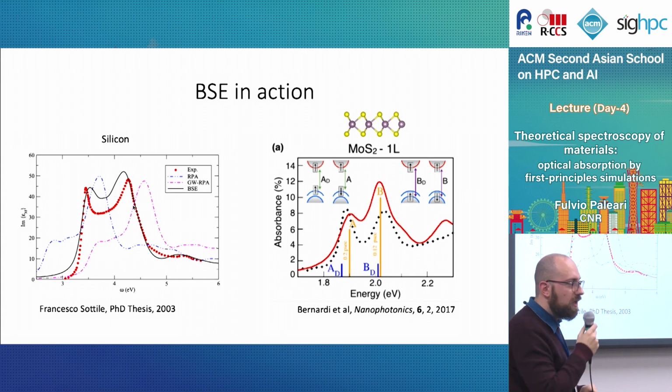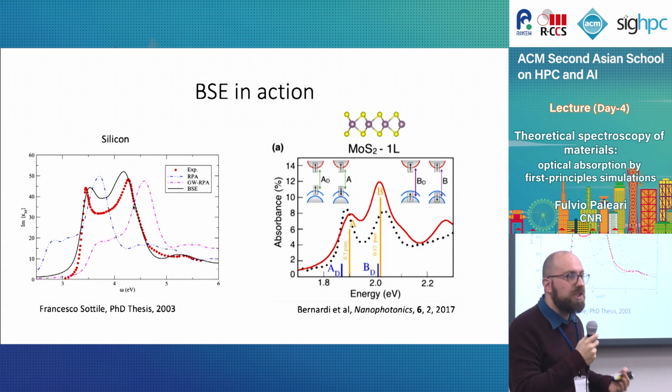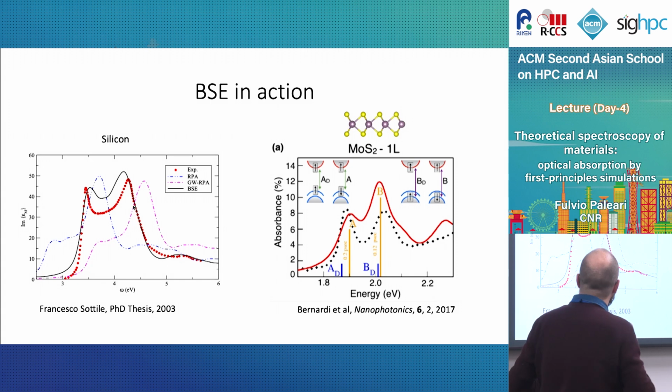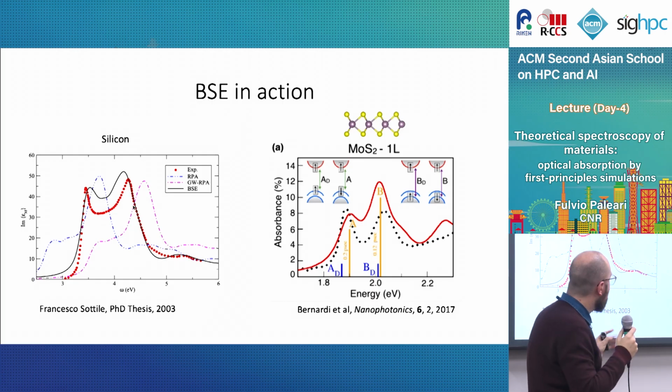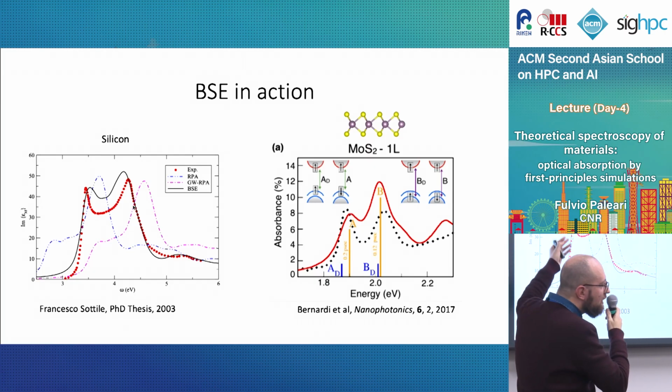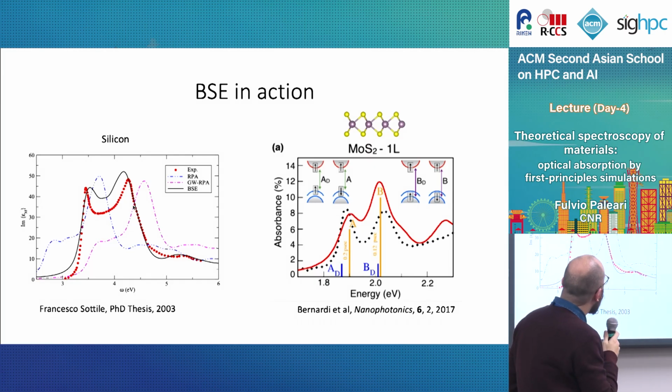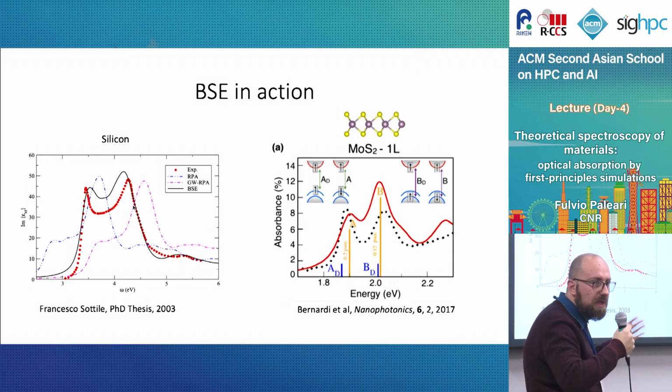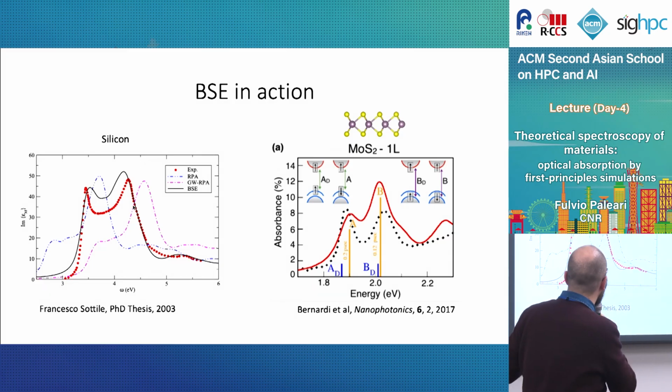Yeah, nothing is going on. Okay, maybe I didn't do the GW, no? I didn't correct the band gap. Okay, then I get the purple, completely wrong. Instead, the correct shape, to a degree of numerical approximation, is given if we include the full solution of the Bethe-Salpeter equation. And this was shown, I think, first by Francesco T in 2003.